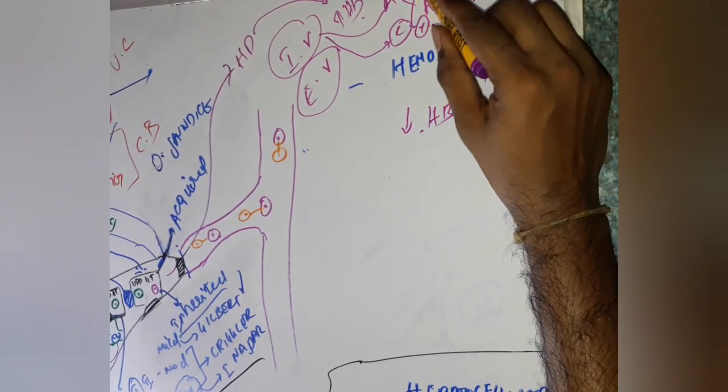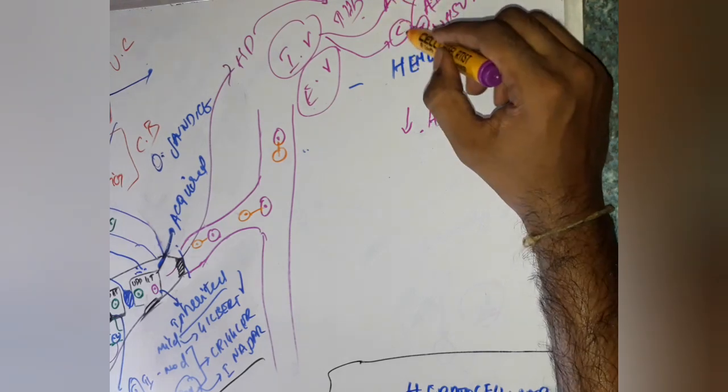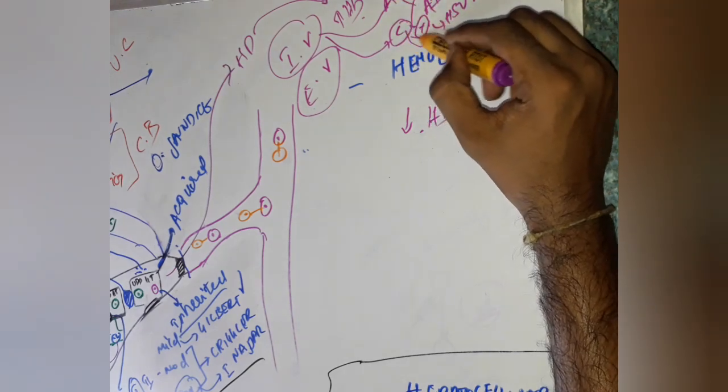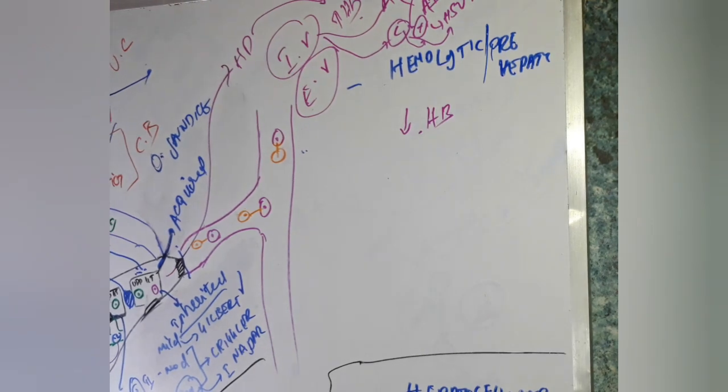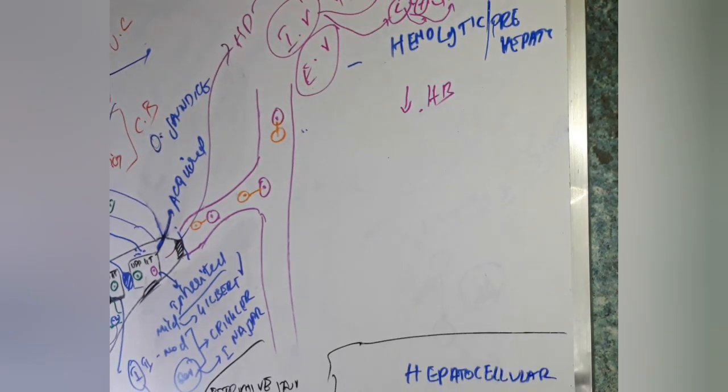So I'm going to get hemoglobinemia and acute tubular necrosis in acute conditions, and in chronic conditions I'm going to get hemoglobinuria and your increased level of hemosiderin in the urine. As a result, I'm going to get a decreased hemoglobin in my blood.